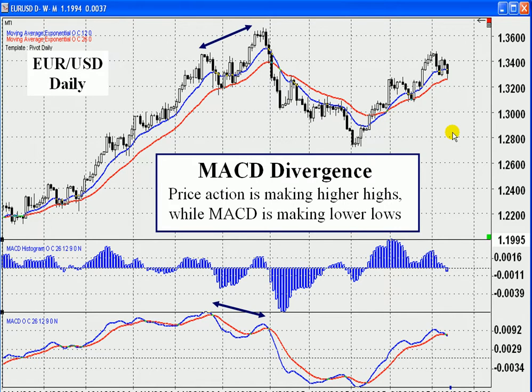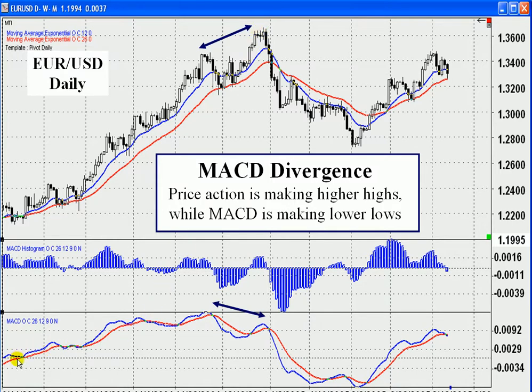A divergence is effectively this. You see here how price has been trending upwards, making higher highs in a very aggressive trend, and then price pulls back here and makes an aggressively higher high.